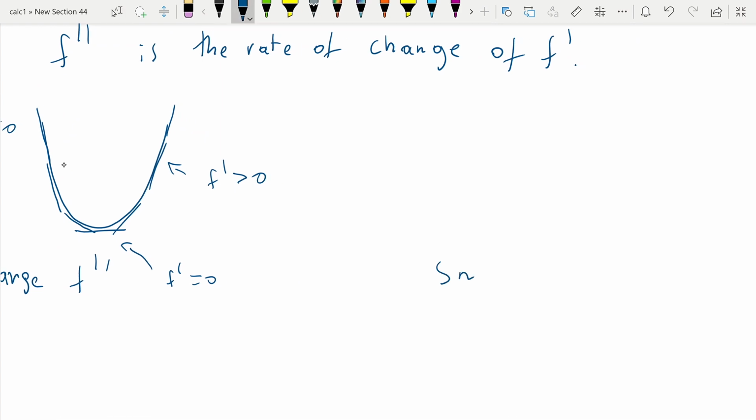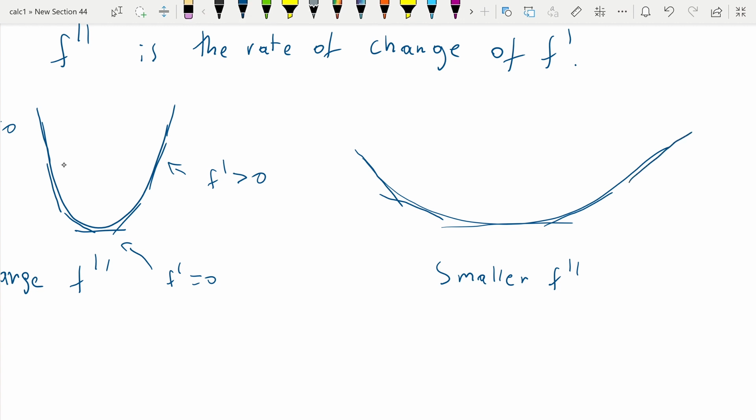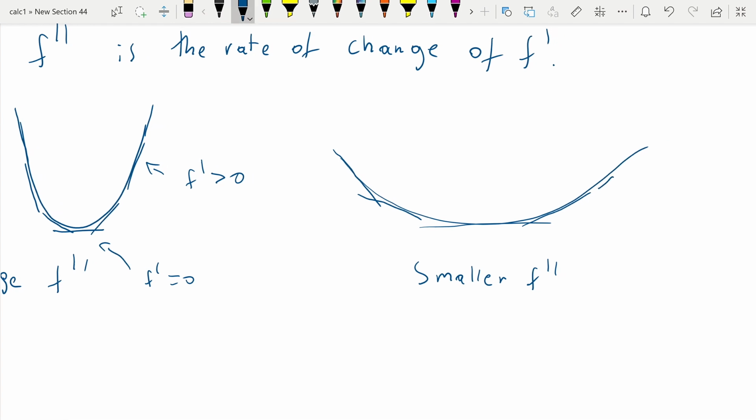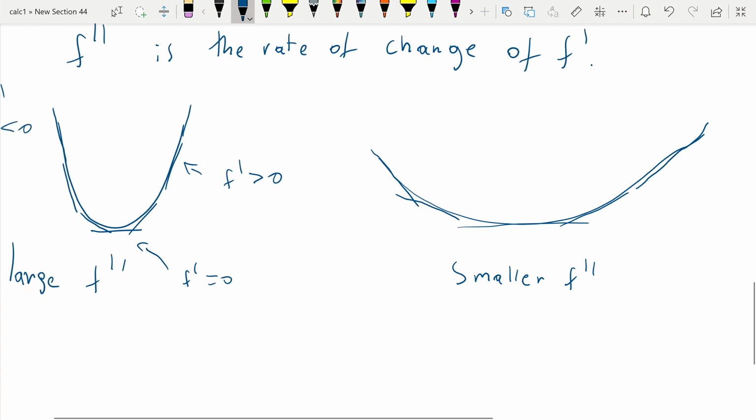A smaller f double prime means a not so drastic change. F prime is still increasing, but it happens over a longer interval. So f prime is still becoming bigger, and this is the case when f double prime is positive.